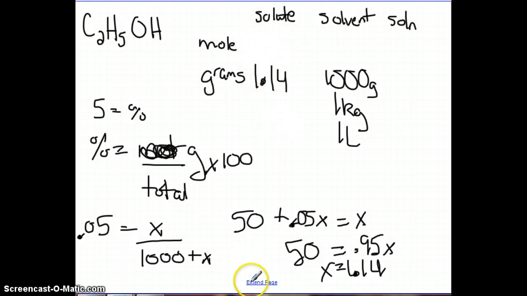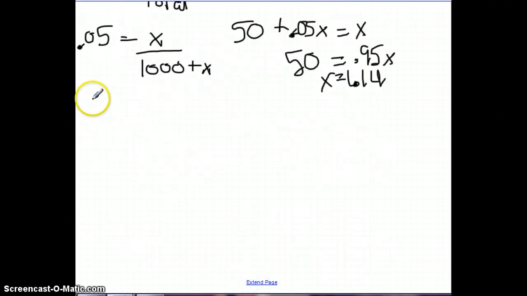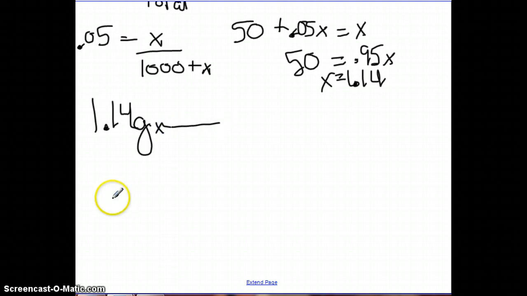So we'll want the molar mass of the C2H5OH on the bottom, which is 46.0694, and that's 1 mole.